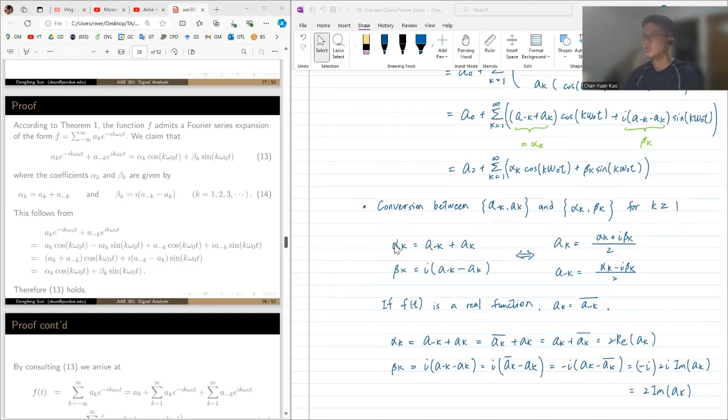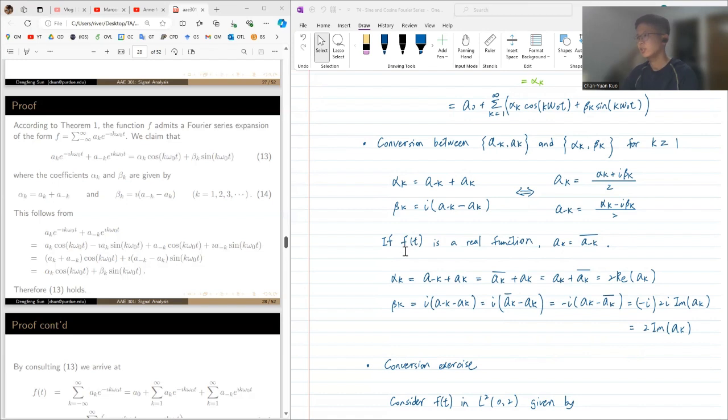From the previous discussion, we know alpha k is equal to a negative k plus a_k, and beta k is equal to i times a negative k minus a_k. This also implies that a_k is equal to alpha k plus i beta k over 2, and a negative k is equal to alpha k minus i beta k over 2.